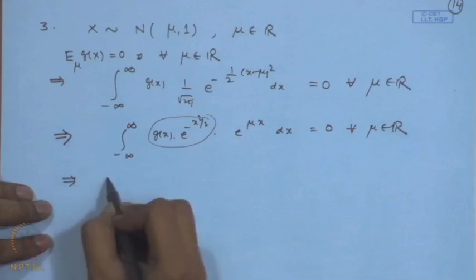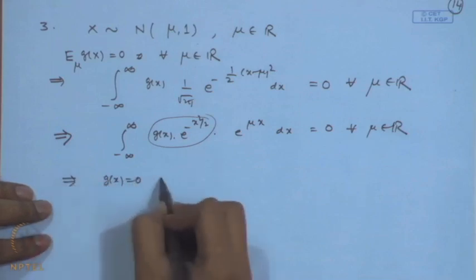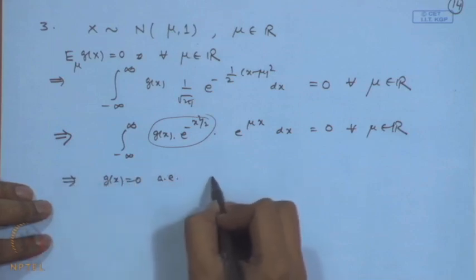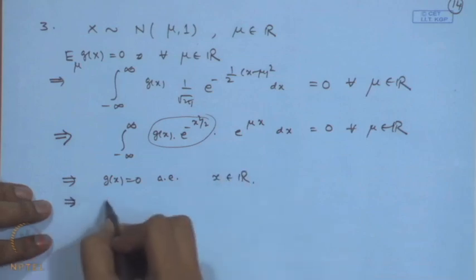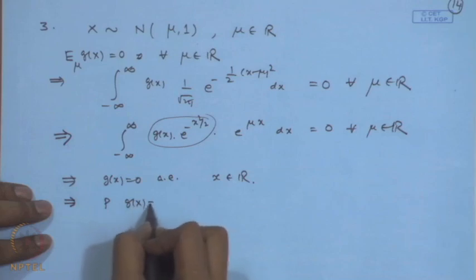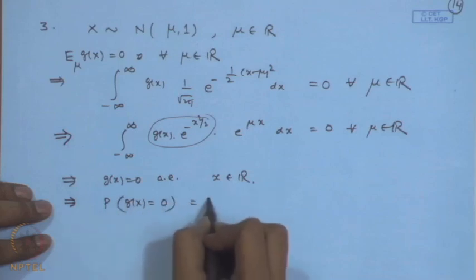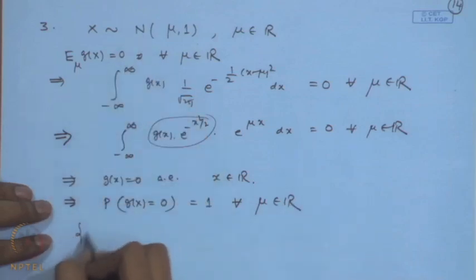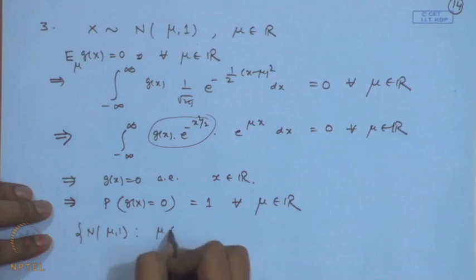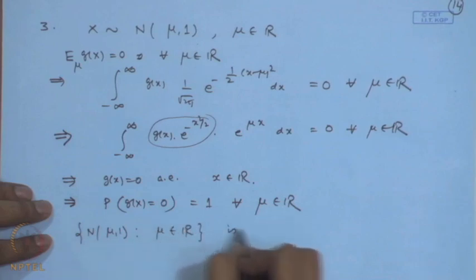That means, we should have g(x) equal to 0 almost everywhere on the real line. This means that probability that g(X) is equal to 0 is 1 for all mu. So, the family of the normal distributions is a complete family.